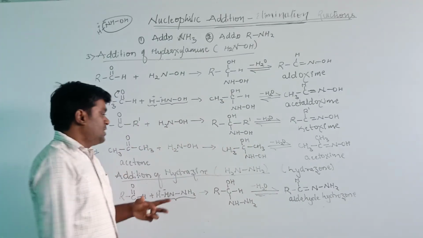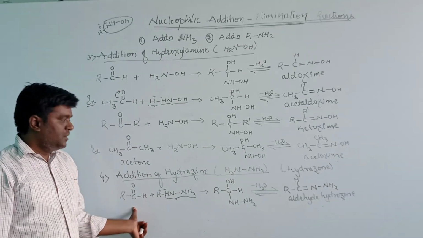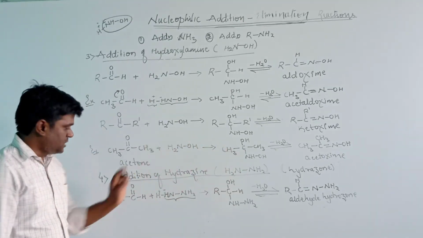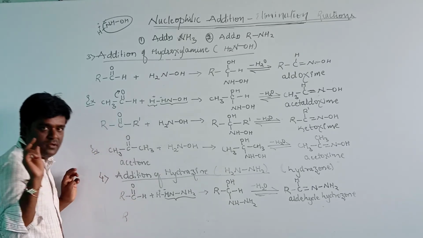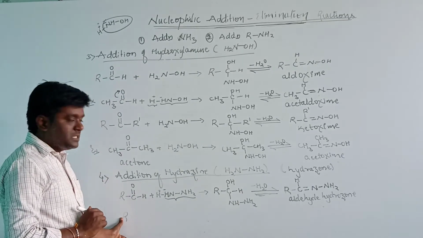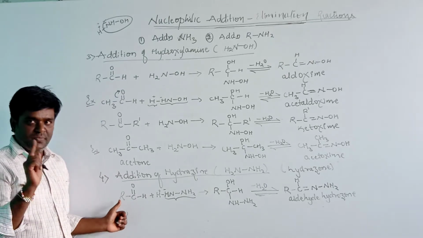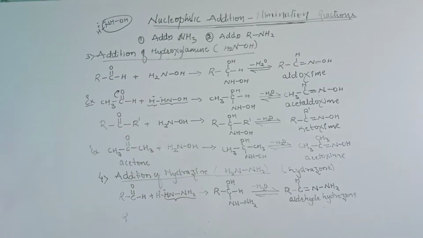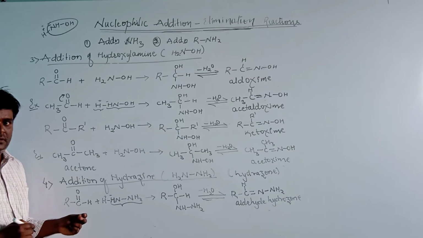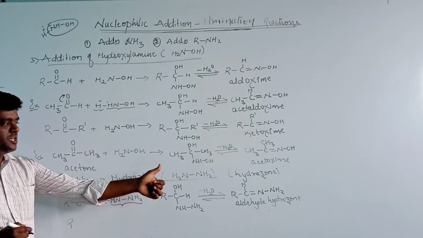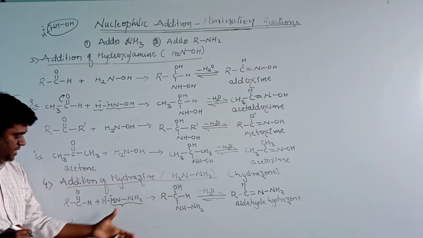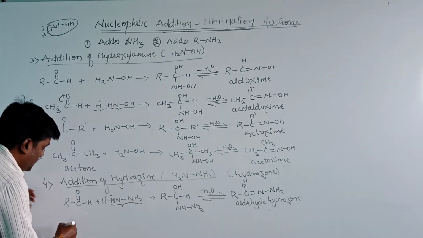When we take the example for ketones, then it will give the ketone hydrazone. Then let us take the ketone, R C double bond O R dash. When aldehydes react with hydrazine, we get the aldehyde hydrazone. Let us take the ketones.